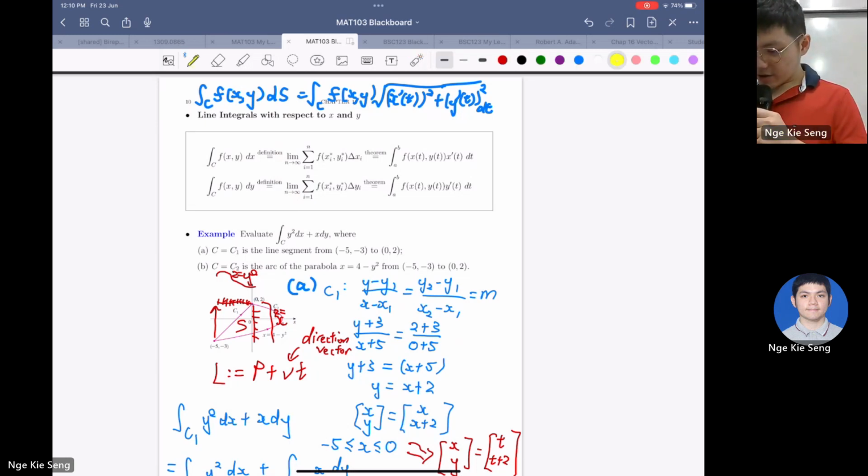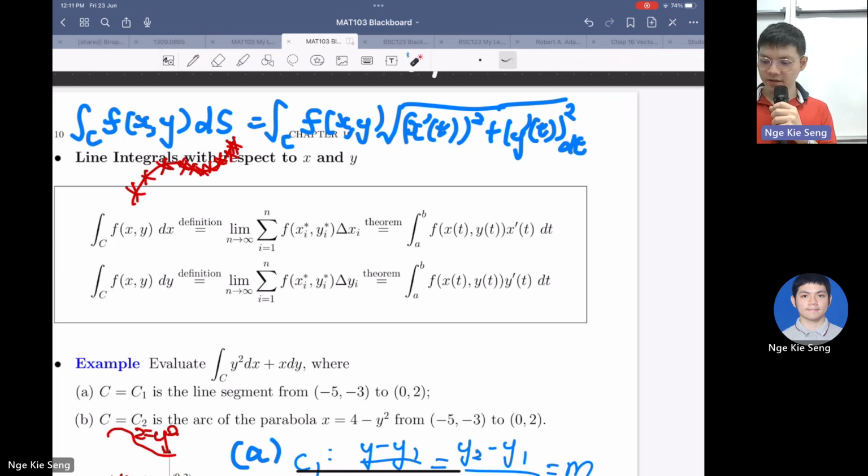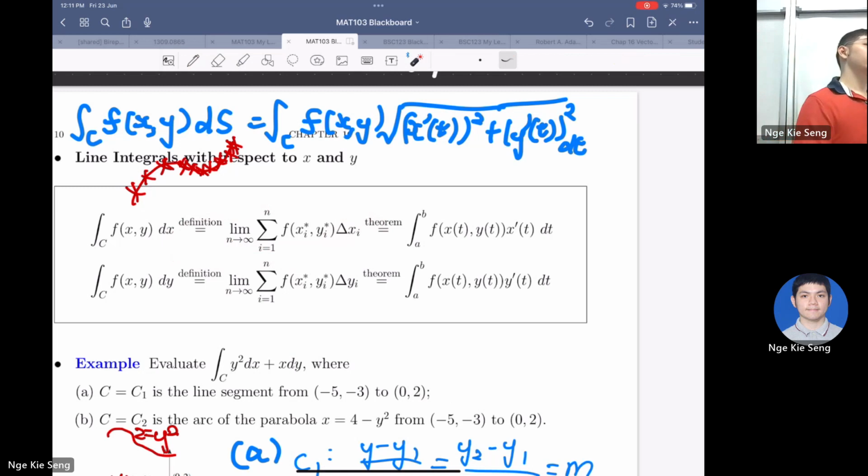So the construction in x here, what's the limit and sum construction? You cut your entire line into more and more intervals. But what does this mean here? You only cut in the x direction or the y direction.